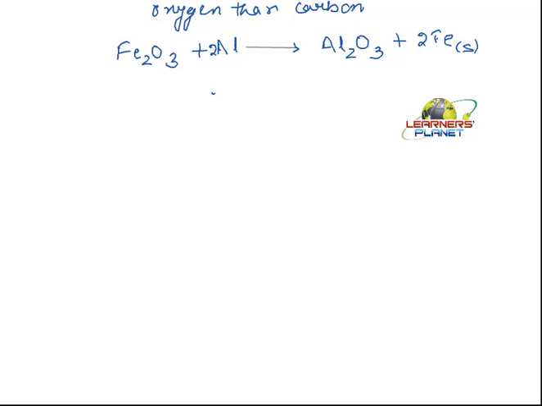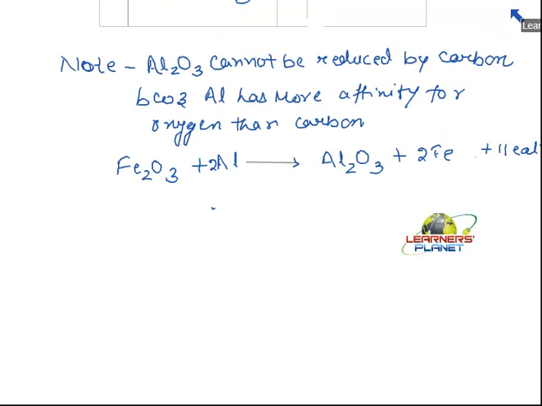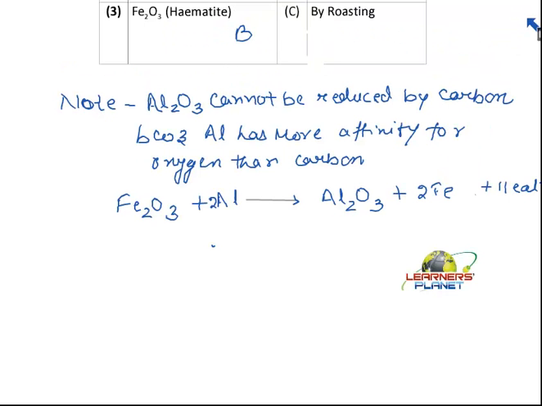Is it solid? No, it is in molten state, plus lots of heat. I think there is no need to write the state. When you write heat, it means molten iron is obtained. So your hematite can be reduced by carbon as well as by aluminium.